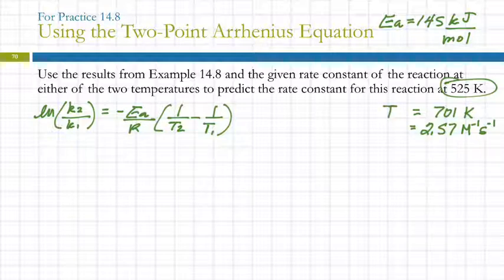So this is a temperature and this is a rate constant. So I'm going to be solving for a rate constant in here. And I'm going to look at that and say, it'd be easier to solve for K2 because it's in the numerator. So I'm going to solve for K2, and that means that this is T2 up here, and I'm going to call this T1 and K1. You get to choose which is 1 and which is 2. They just have to be paired up correctly.